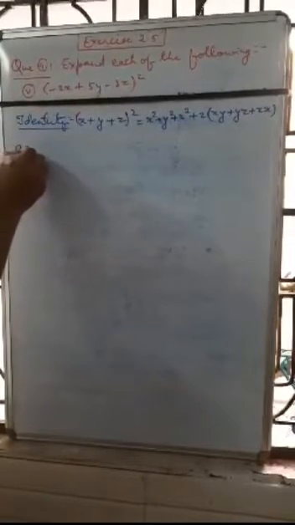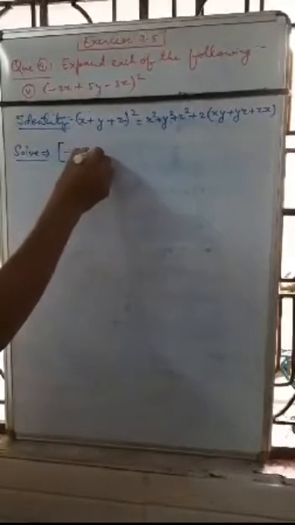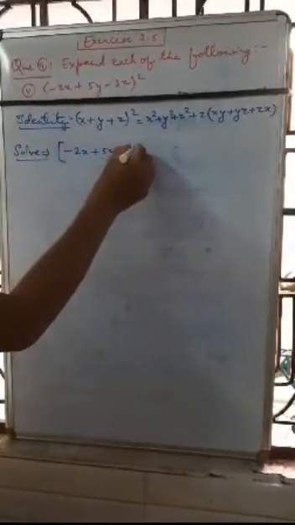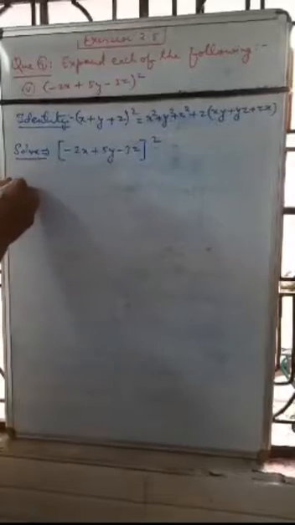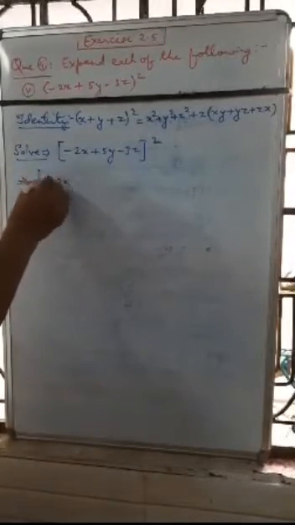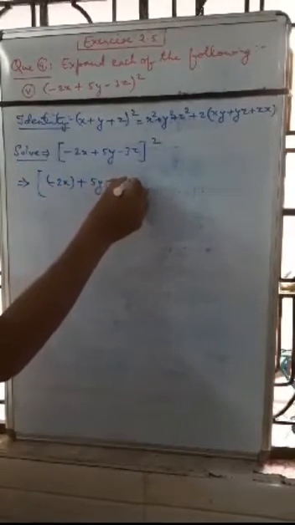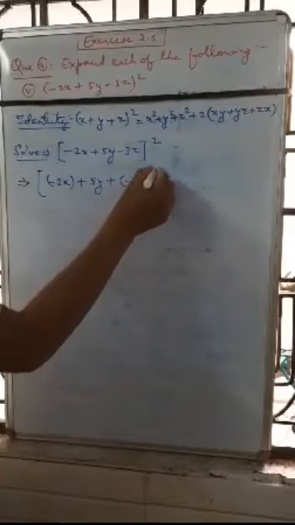So how to use this identity? Before solving the question we have to make it standardized. We will write minus 2x plus 5y minus 3z whole square like this: in bracket minus 2x, then plus 5y, then plus minus 3z, whole square.